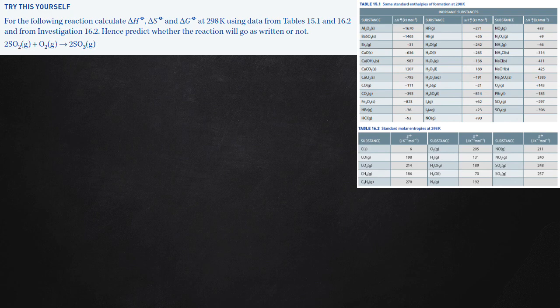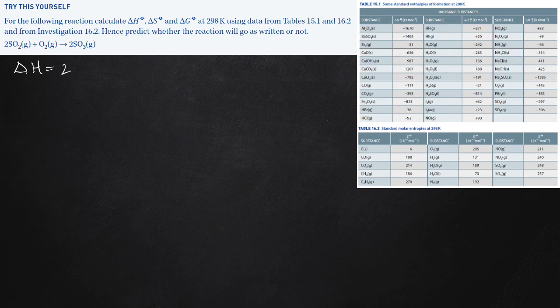So like we've done previously, we're going to start with our delta H. So we have 2 SO2. We have to be aware here that we're using the coefficients. So we've got 2 moles of SO2 and we have 2 moles of sulfur trioxide as well. So our delta H, we need to do our 2 moles of sulfur trioxide.